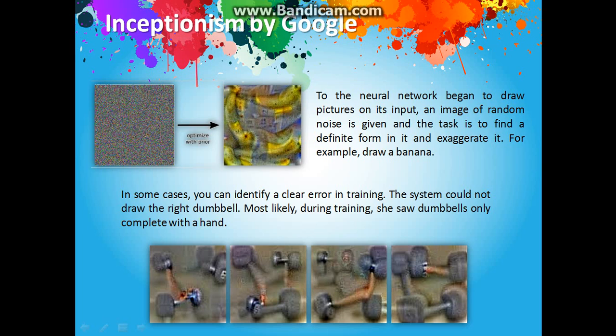In some cases, you can identify a clear error in training. The system could not draw the right dumbbell. Most likely, during training, she saw dumbbells only complete with the hand. Developers call this technique inceptionism.